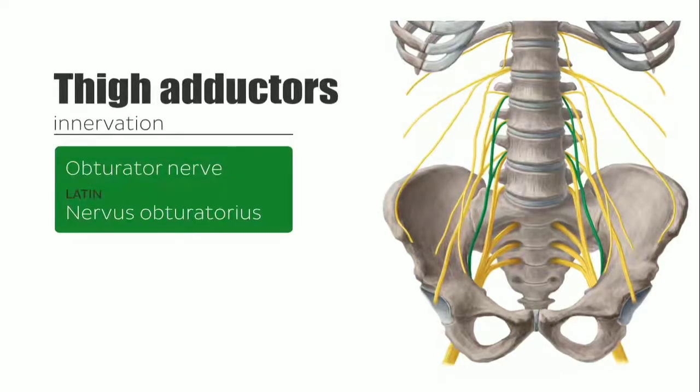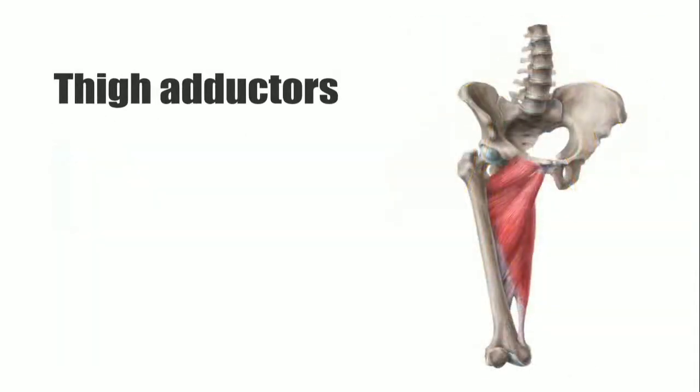Another important part of this tutorial, before we go into details, is to briefly mention the different functions associated with this group of muscles, the thigh adductors. As the name suggests, these muscles are involved in adduction.